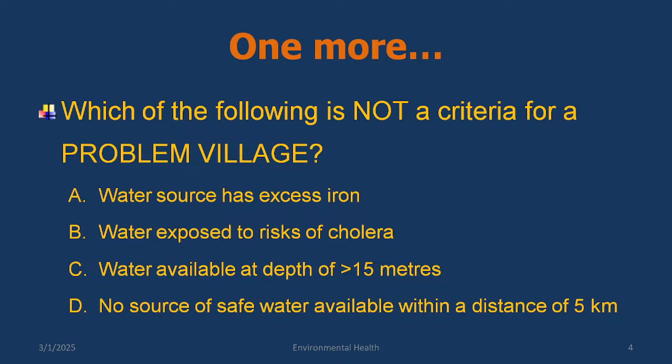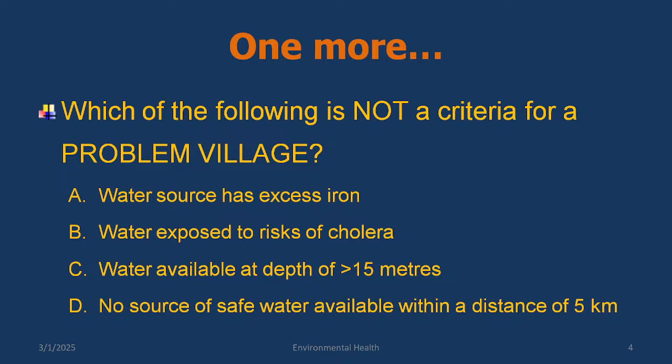Let's try with 55. Roll number 55 present. It's related to problem village. Which of these is not a criteria?